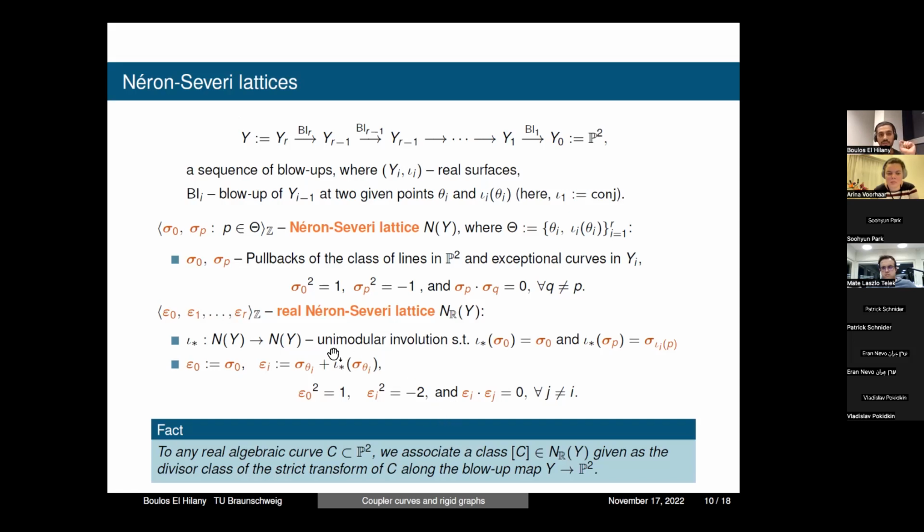It's a vector in this lattice, given as the divisor class of the strict transform of C along the blow-up map of Y to P2. So it just says that each curve can be viewed as a vector inside this lattice, as a linear combination of epsilon 0, epsilon 1, ..., epsilon r, where the coefficients correspond to the multiplicity of the intersection of this curve with those exceptional divisors.